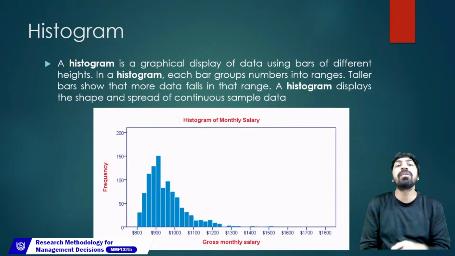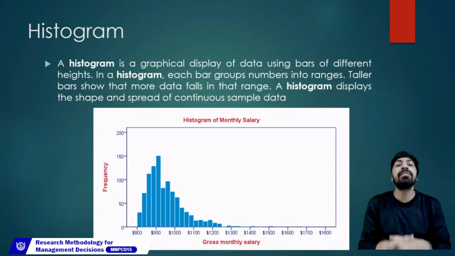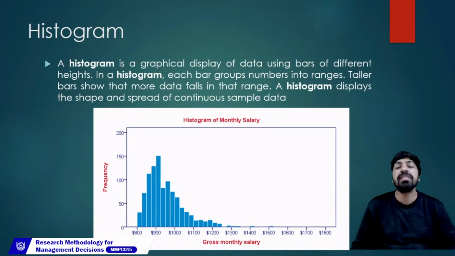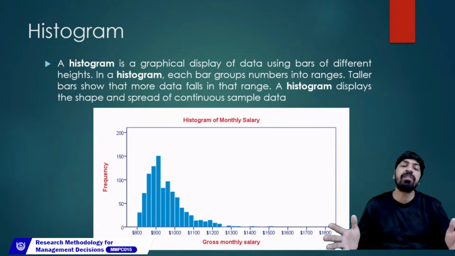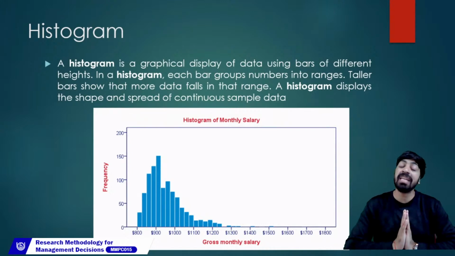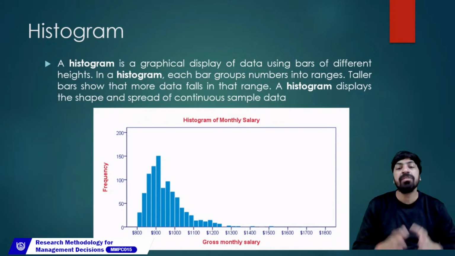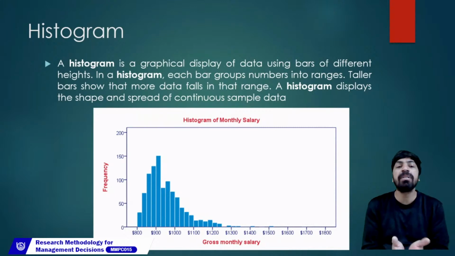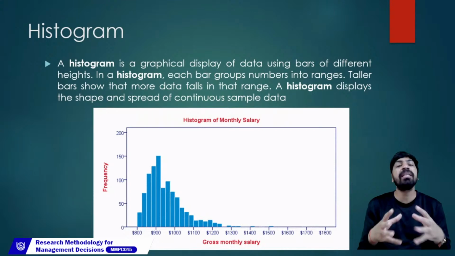A histogram also displays the shape and the spread of continuous sample data. So wherever the data is, a large histogram can easily be made. This is one example, the histogram of monthly sales.